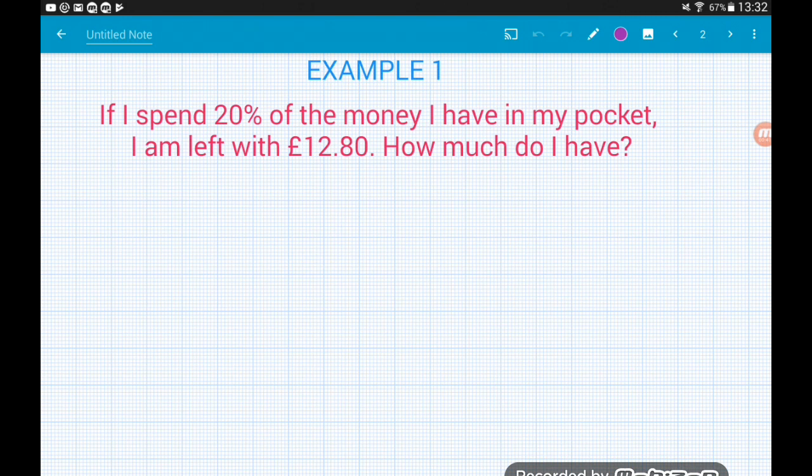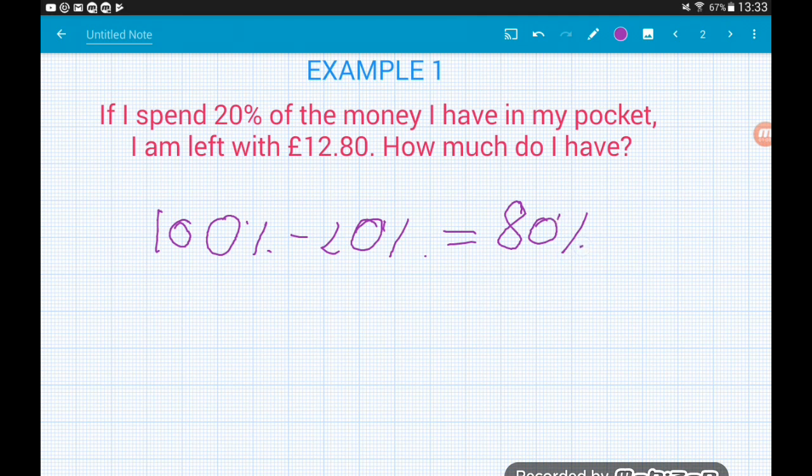Now, if I was to spend 20% of it, I am then left with £12.80. So, in terms of percentages, I'm starting off with the 100%, then I'm spending or taking away 20% of it.